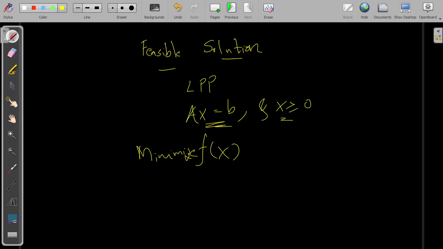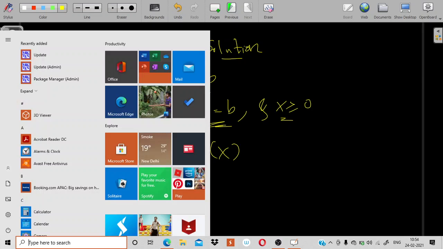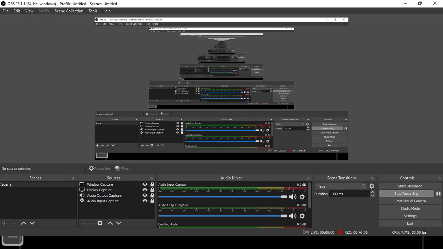So these are some terminologies, though not that important. What we will do is move on to the linear programming problems and discuss that. So this is our introduction.